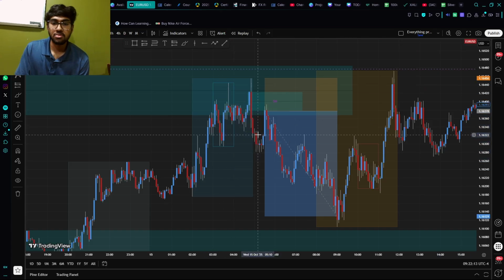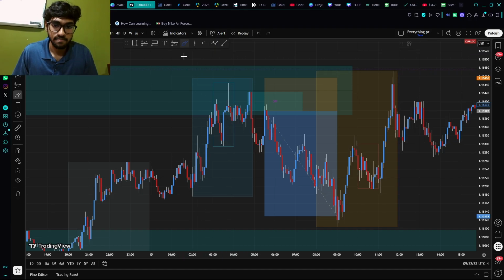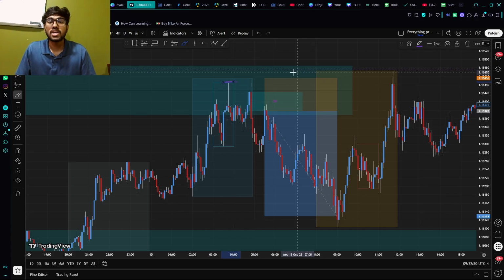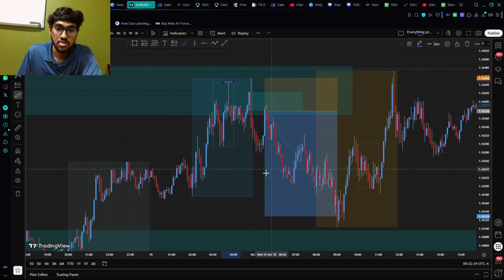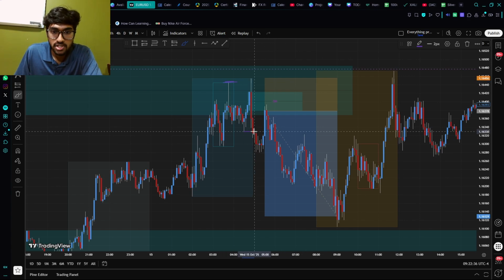So then I was out of the market for some time and I was waiting for a perfect change of character and then a break of structure, right? So right here, we can see a change of character. Afterwards, price took out this sweep, this high, tapped into the upper portion, above the 50% portion of the 4-hour OB, gave you the change of character, and then eventually gave you a break of structure right here, right?